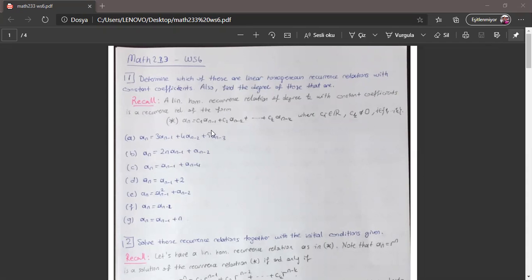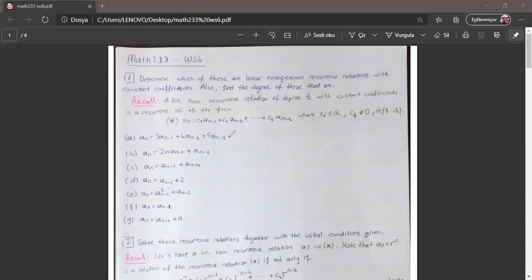And by homogeneous, we mean we don't have something with n or 2 to the n. We don't have something like that. So here we have a sub n, it's given by this. It is actually linear and homogeneous, right? It is given exactly as in this equality.